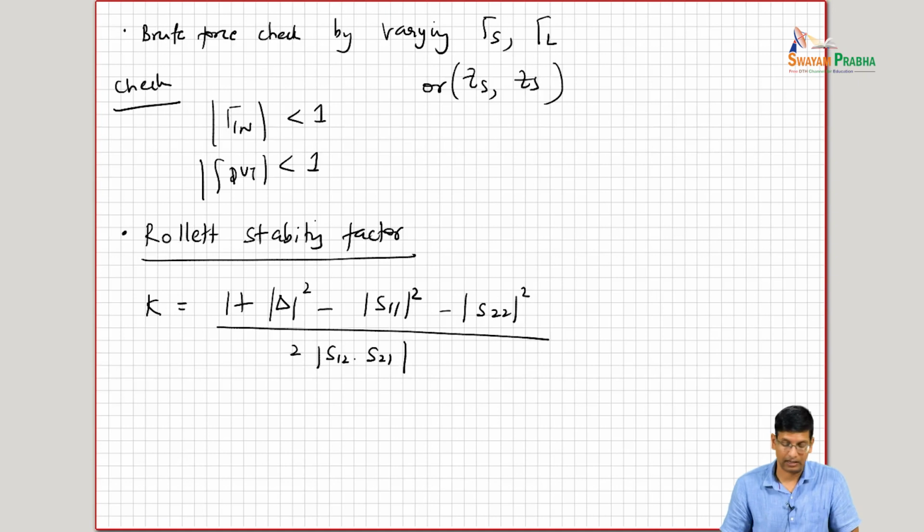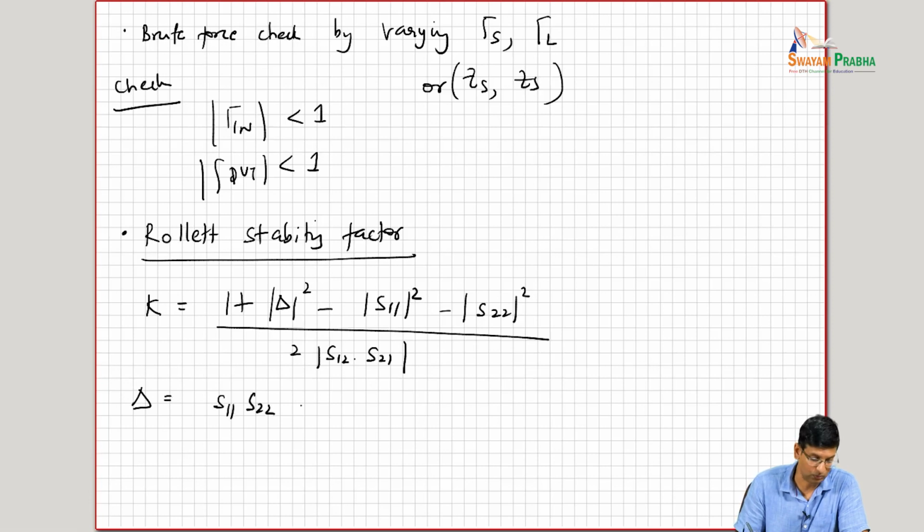This is called the stability factor, and remember we said delta was S11 S22 minus S12 S21, right.